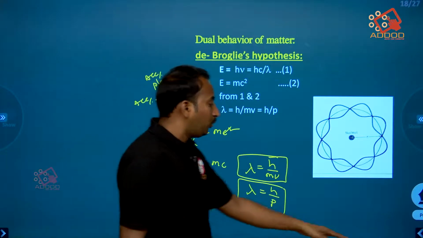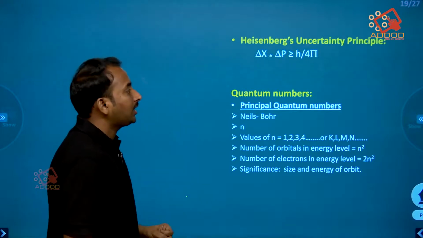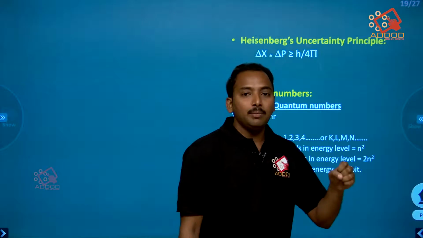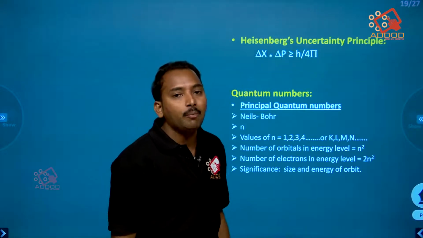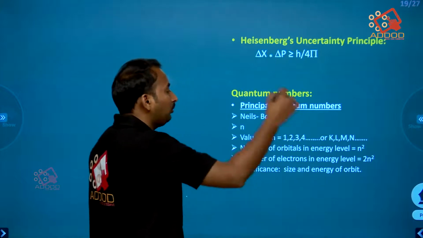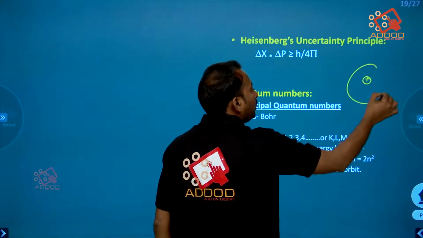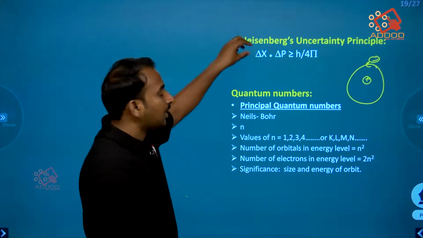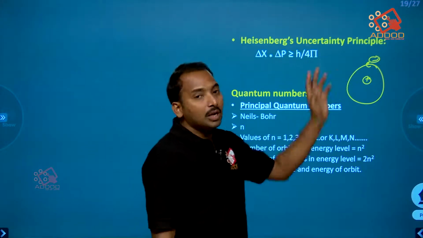And next we go to the Heisenberg uncertainty principle. What is meant by Heisenberg uncertainty principle: it is impossible to determine the exact position and exact momentum of the electron. Suppose an electron is revolving around the nucleus, it is impossible to determine the exact position and exact momentum of the electron simultaneously.